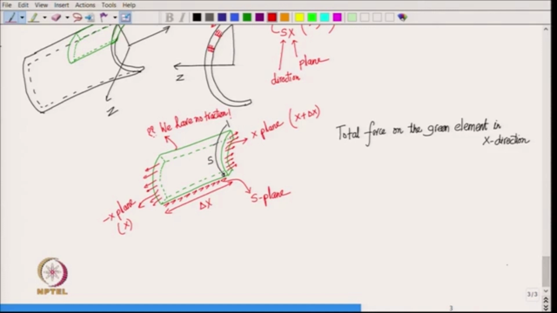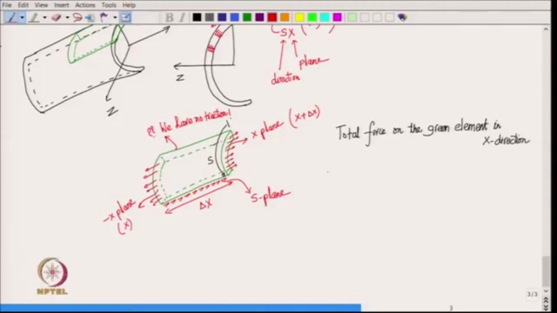All right. So, coming back, we do the total force balance. First for the x plane, we have integration over the x plane of sigma x x at x plus delta x, comma any point in this cross section.